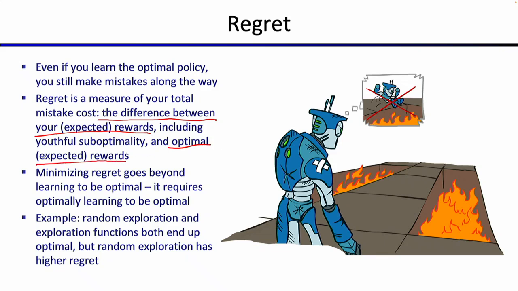So the optimal rewards are like if you knew the MDP ahead of time and you did, say, offline planning, this would be the best you would be able to do. And so then you take the difference between the rewards that you've actually gotten by making all the mistakes along the way while you were learning, and the best that you could have gotten.